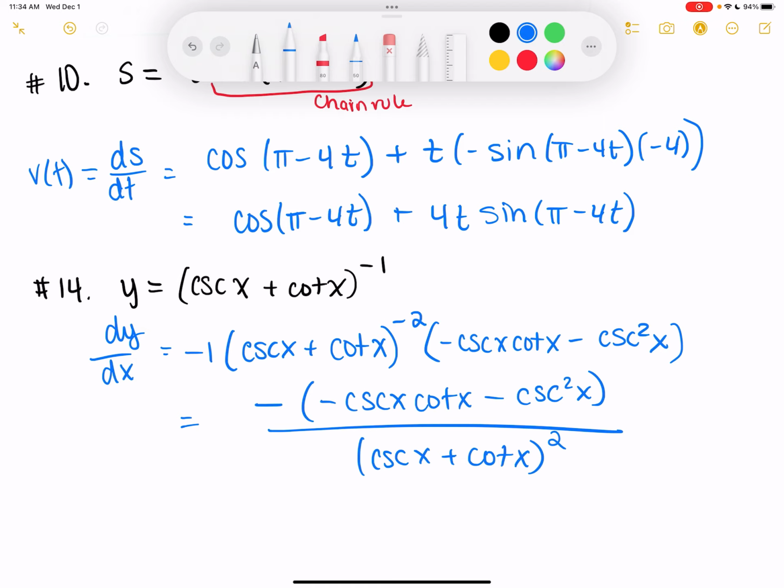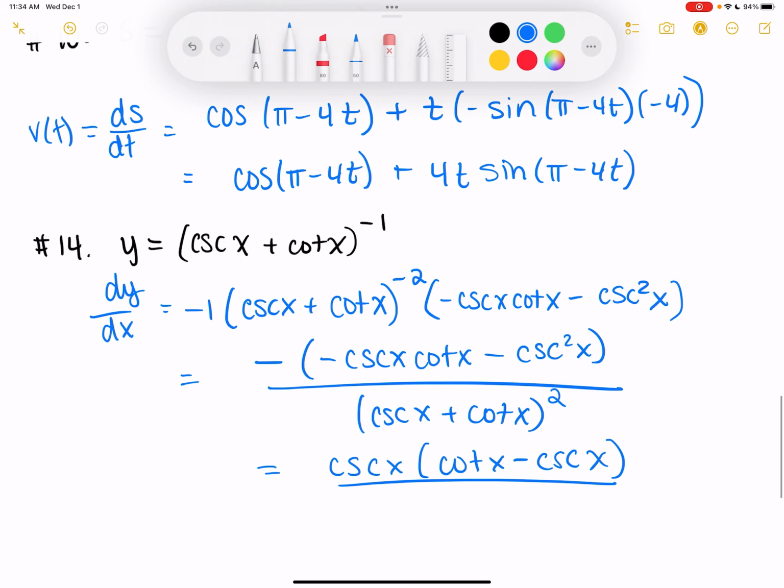Okay, these negatives are all going to go away because there's a negative on each piece. So when I distribute the negative, it just makes everything positive. And then I have a cosecant in both pieces, so I can pull that out. So that's going to give me cosecant of x times the cotangent of x minus cosecant of x, all over cosecant of x plus cotangent of x squared, because this is a negative exponent.